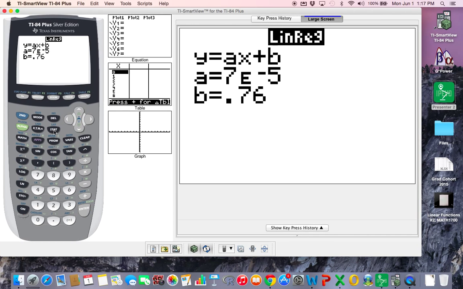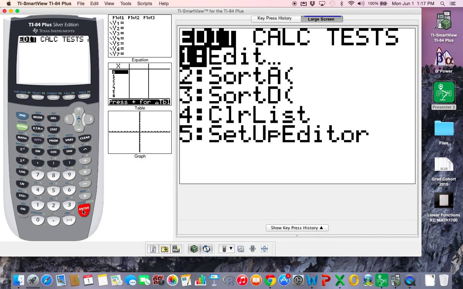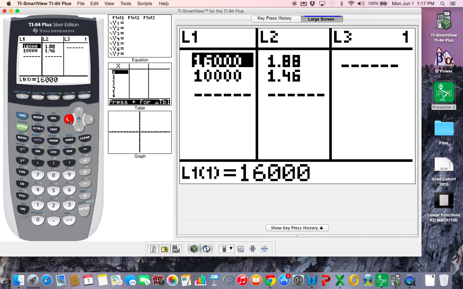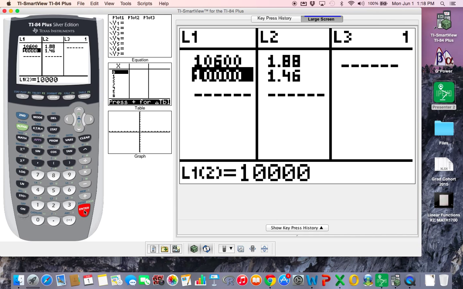So all I need to do now is just go into Stat and go to Edit. And the only thing I really need to do is just put in the quantity for each of the price. So for the demand, it was 10,600. And the quantity at $1.46 was 12,700.